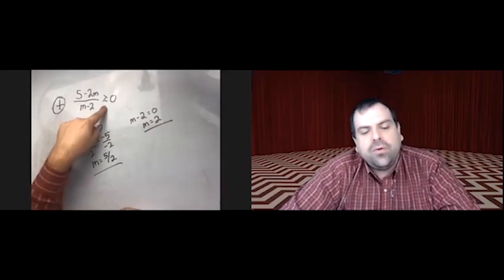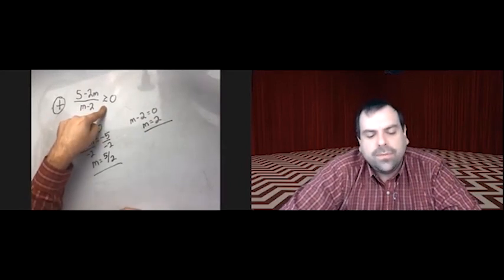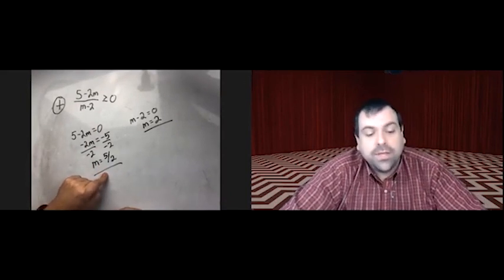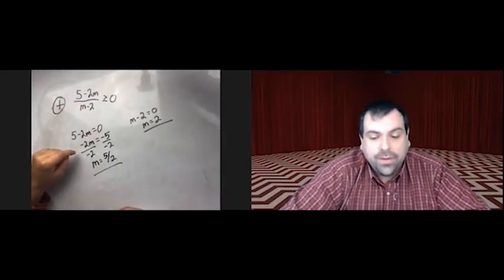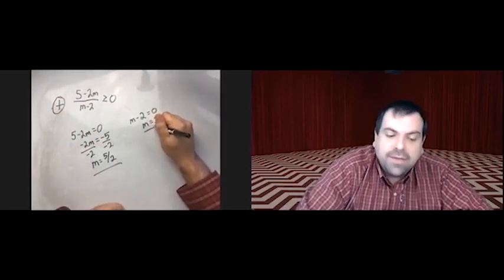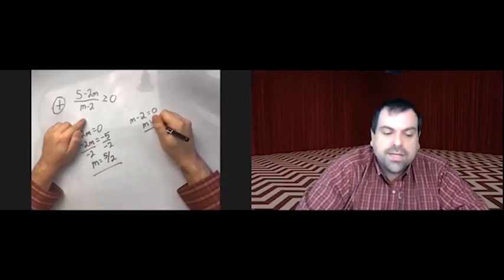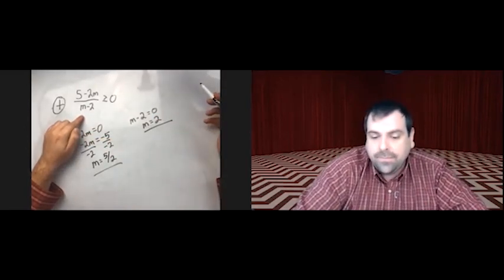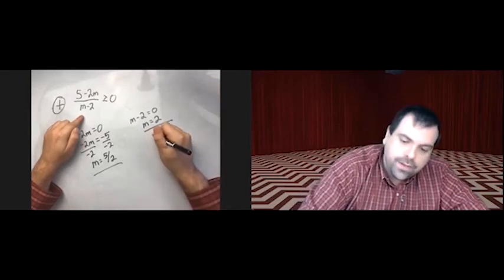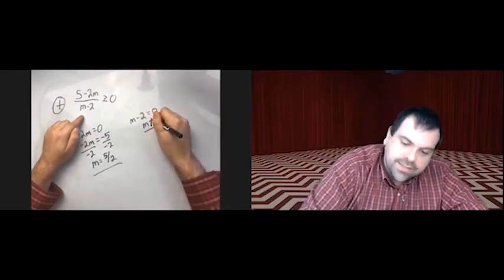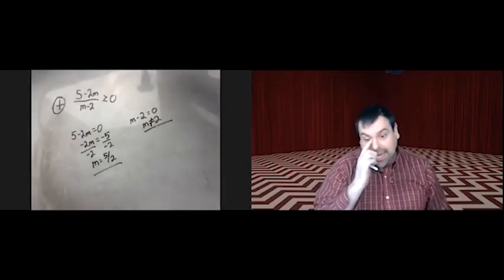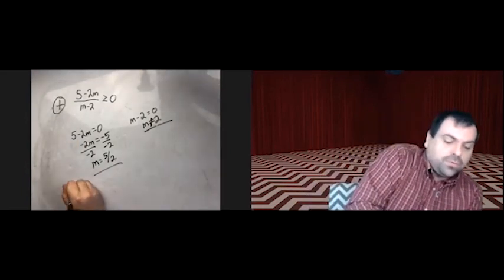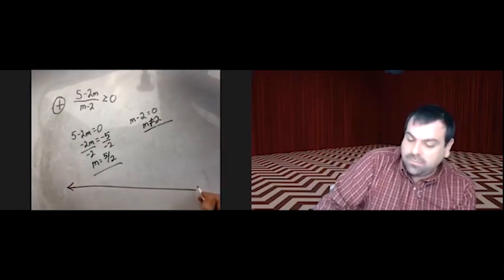That means that even though we have or equal to, this 5 halves will work because it'll give us equal to 0, we can never have m equals 2, because m equals 2 causes 0 in the denominator, which is bad. So we'll make a note that that's something that can't happen. M can't be 2. But these are the two numbers we will put on our number line.